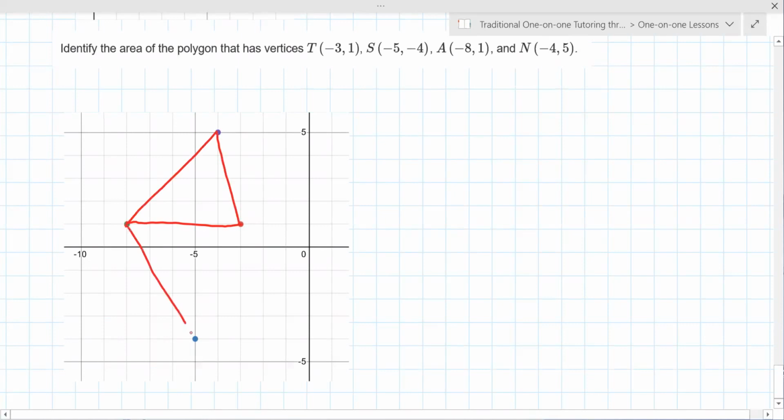Looks more like a kite, but it maybe has the appearance of that, but they're kind of offset here, and the diagonals don't meet at 90 degrees. So let's just have you find the area of both of those triangles.